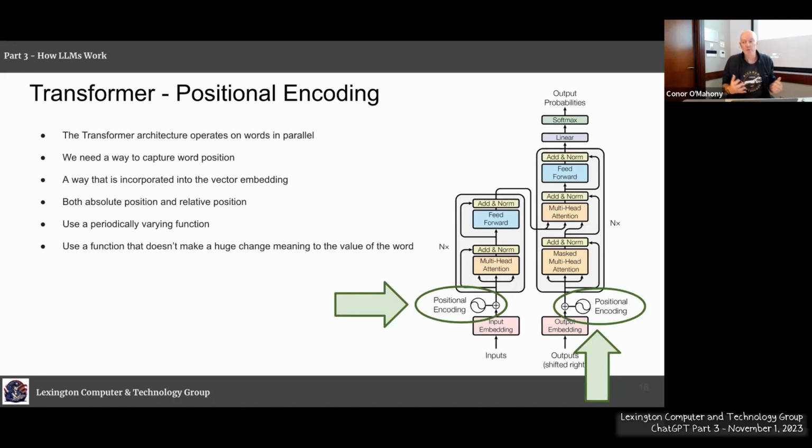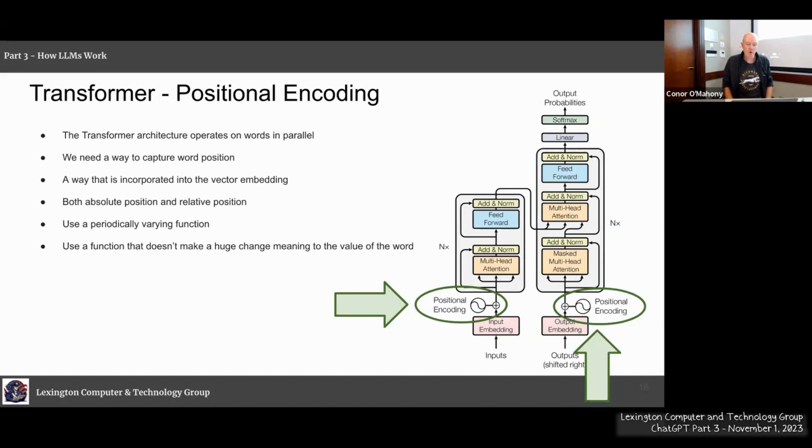So we need a way to capture the position in absolute terms, where the word occurred in the sentence, as well as in relative terms to other words. What this architecture uses is a periodically varying function. It actually alternates sine and cosine formulae.